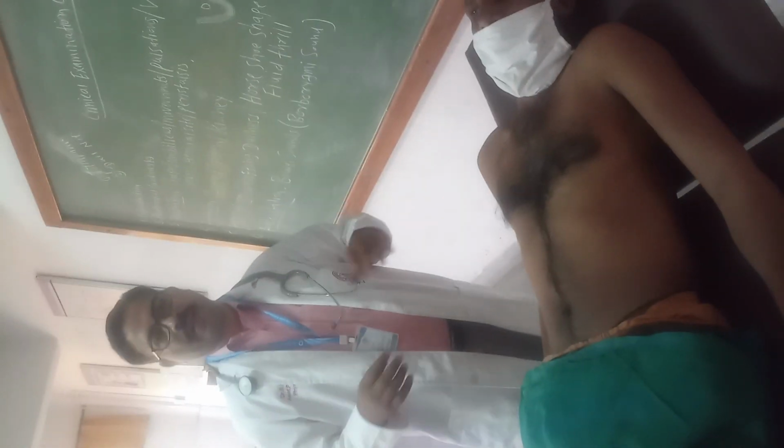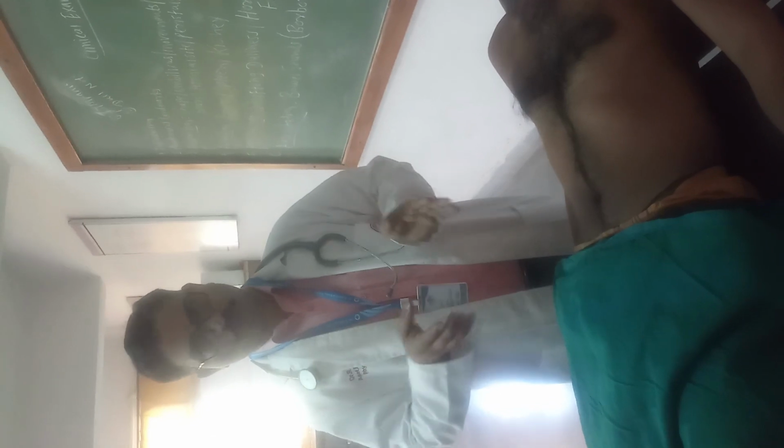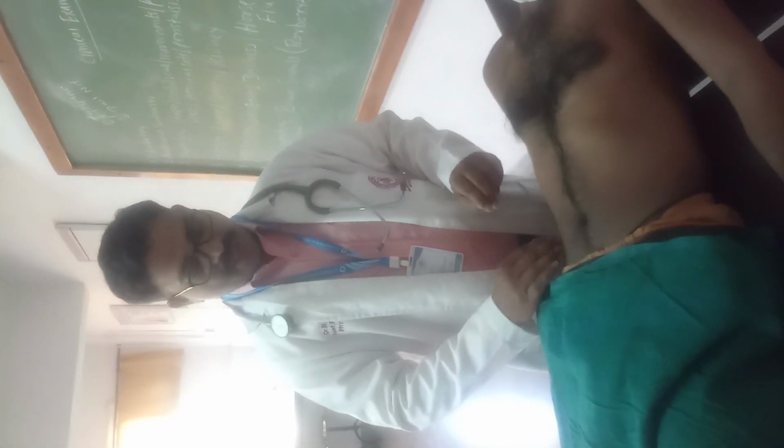Now second thing, horseshoe shaped dullness. Again, in ascites, if there is fluid in the peritoneal cavity, you will get a horseshoe shaped dullness, meaning dullness in the shape of a horseshoe. If fluid is accumulated in the right flank region, hypochondriac region or suprapubic region, and left flank region, and intestines float on the fluid, so intestines are around the umbilicus and epigastric region.